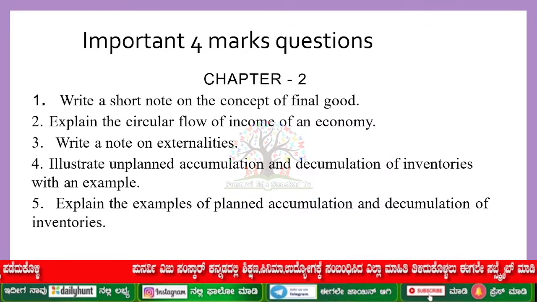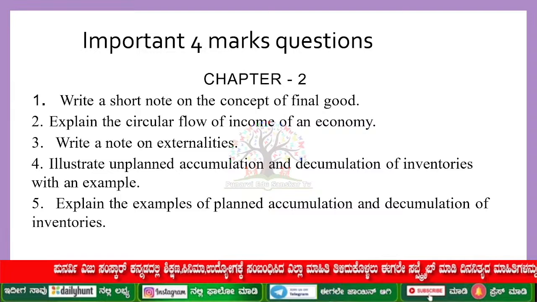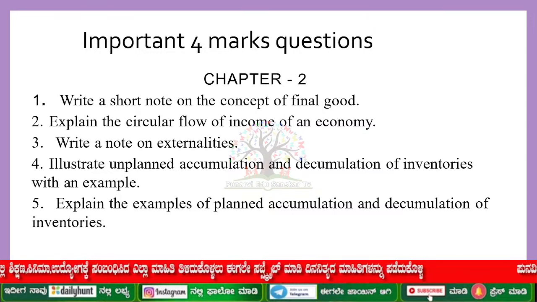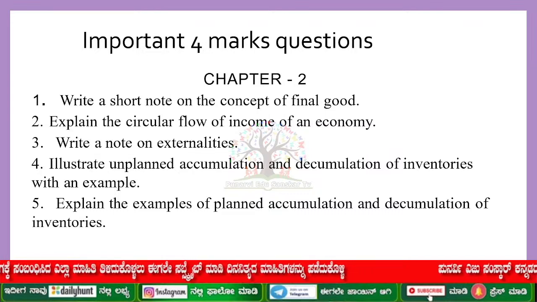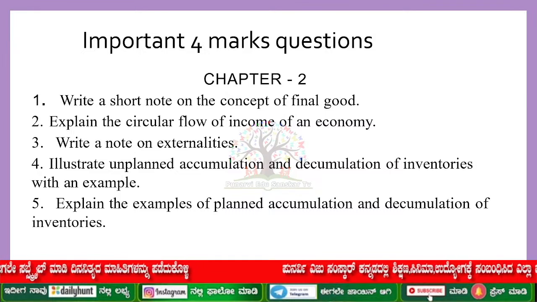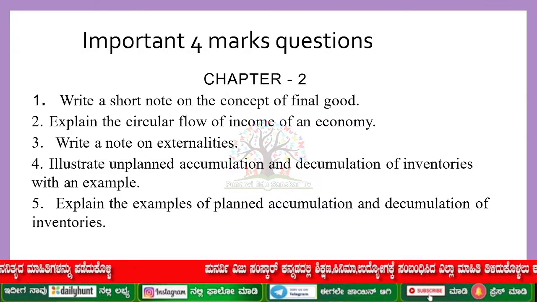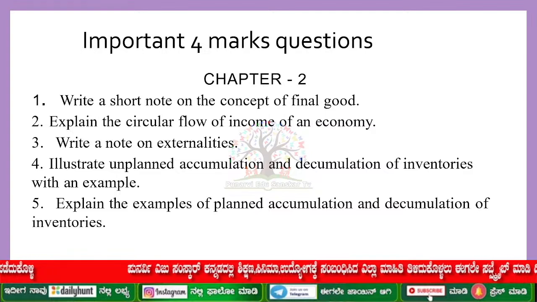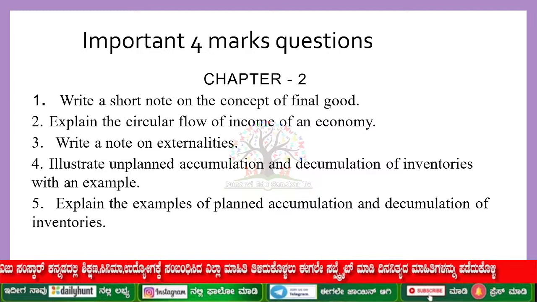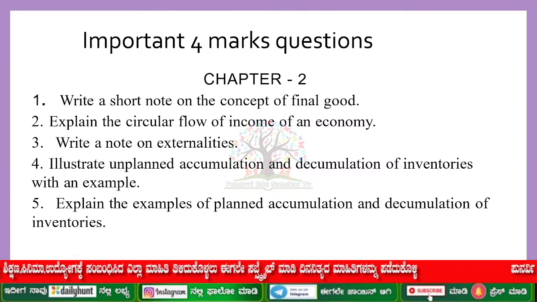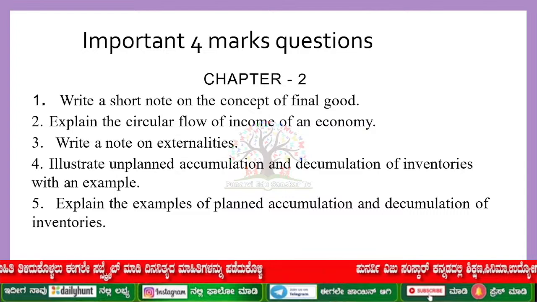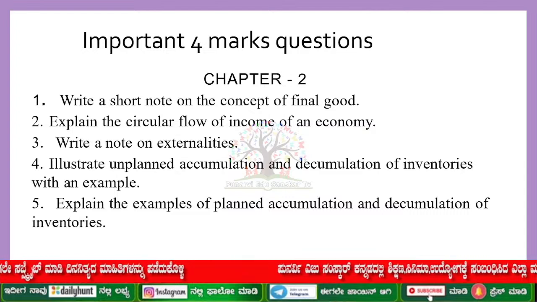Macroeconomics 2nd chapter, dear students, that is national income accounting. From this chapter, you can expect 2 4-mark questions. Out of these 5 important questions, you need to answer 2 questions of 4 marks. So if you prepare 5 out of 5, you are going to answer 2 questions. Give much more importance to this chapter and prepare very well.